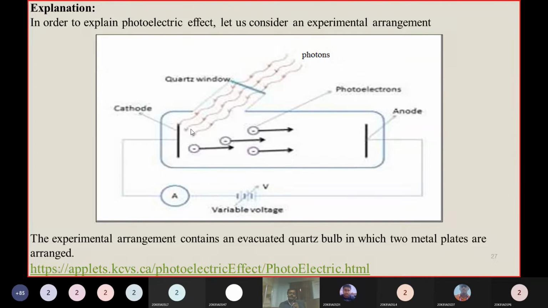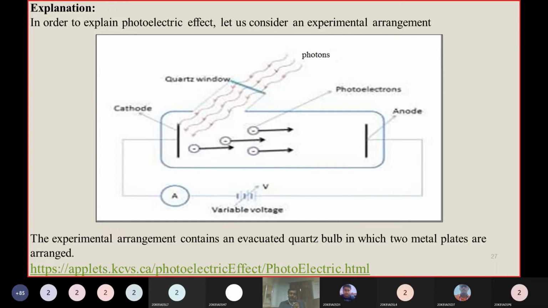When light rays are incident on the metallic plate, electrons will be ejected. Those ejected electrons are collected by the anode, and electrons pass through the circuit. If electrons pass through the circuit, current will be produced. So this is the circuit diagram of the photoelectric effect.